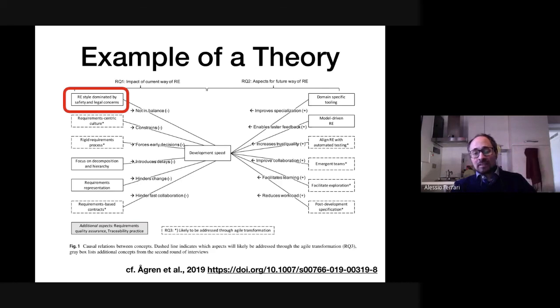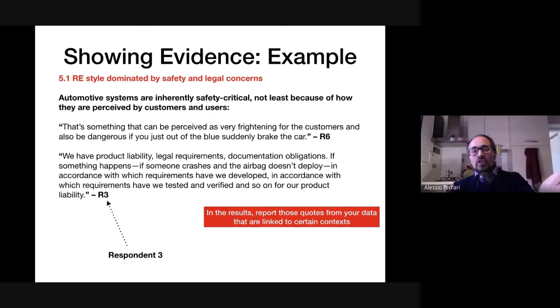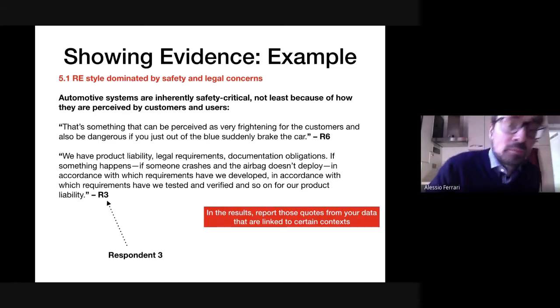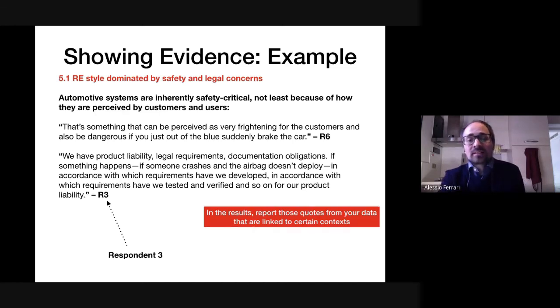This is something that emerged from my data. How can I show that? I show that by writing in the paper my code, my category in this case, and I write down some introduction, and then I report the quotes from the respondents that were associated with the code, which allow me to show that my data are clearly linked with the category.